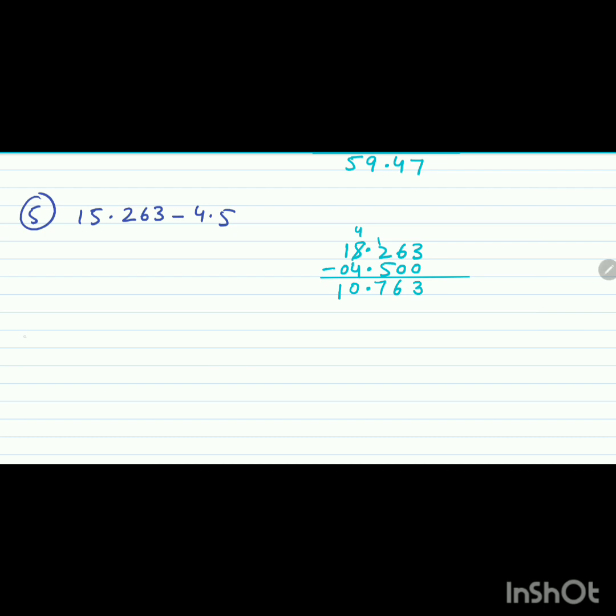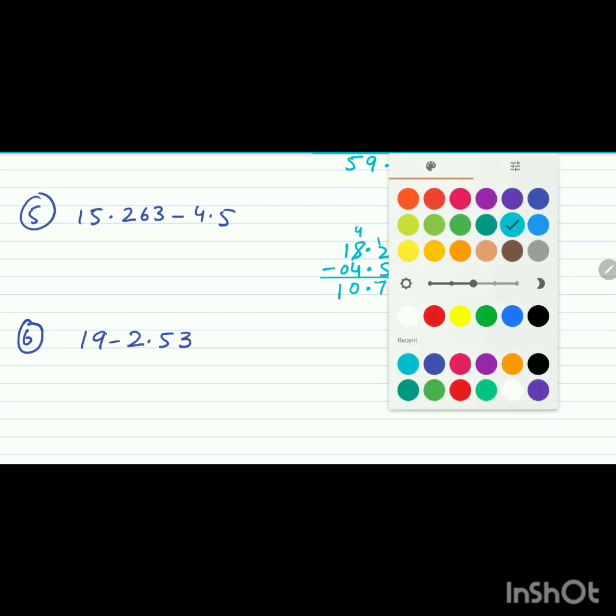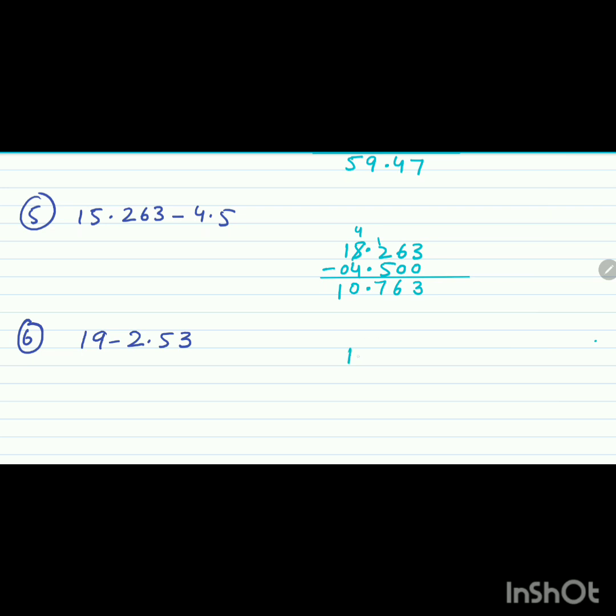Let's do one last example. 19 minus 2.53. So how do we solve it? 19 is written first, so you have to write it above.